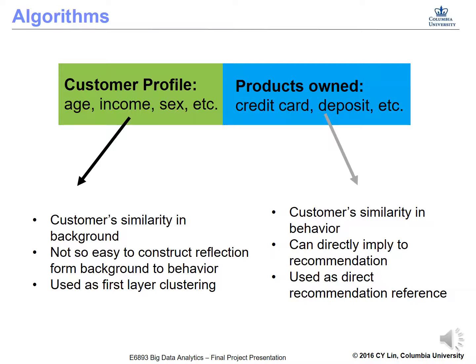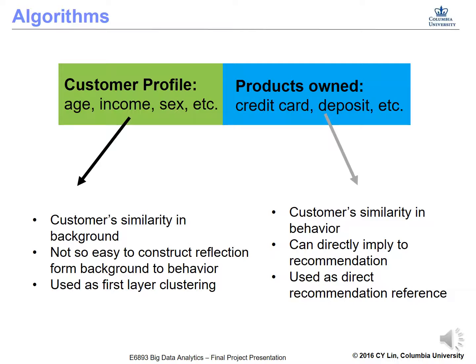To get a good result on this kind of real-world problem, we think the key is to design a specific algorithm according to the specific data set. So after our analysis of the data set, we divide the features into 2 parts. One is the customer profile, and another is the products they owned.